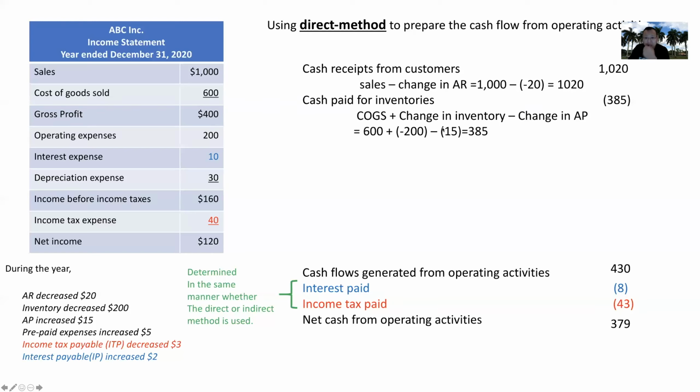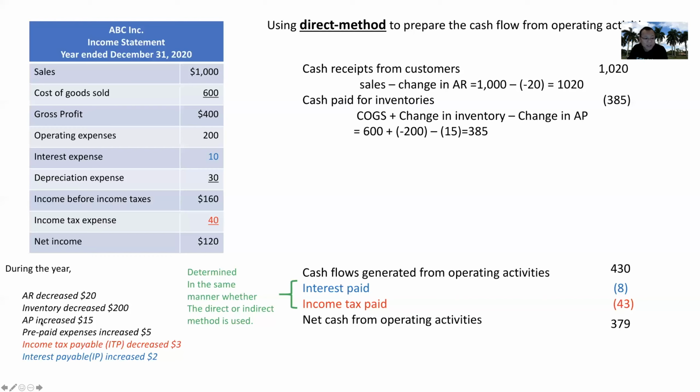So cost of goods sold is 600. Change in inventory is ending inventory minus beginning inventory. Inventory decreased by $200, so the change is negative. So that's 600 plus negative 200, and minus the change in AP.